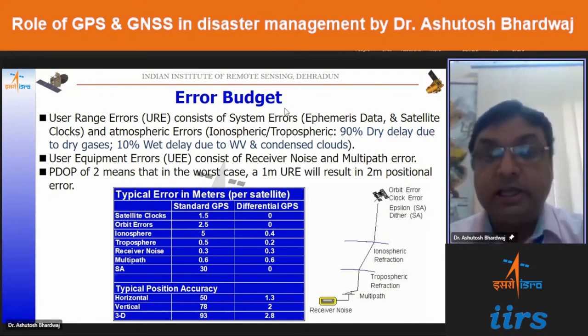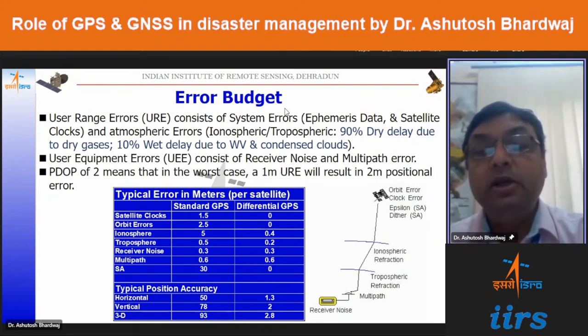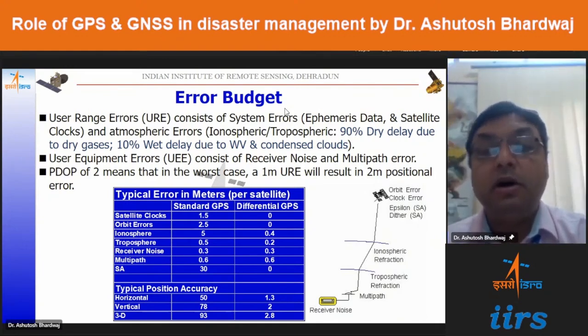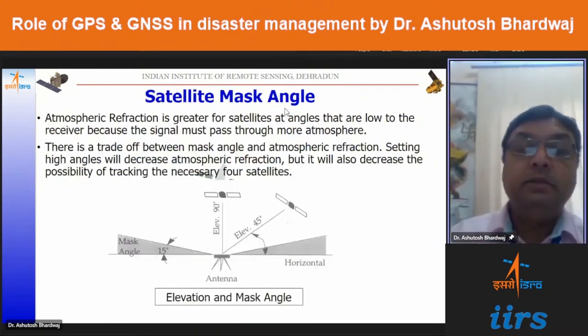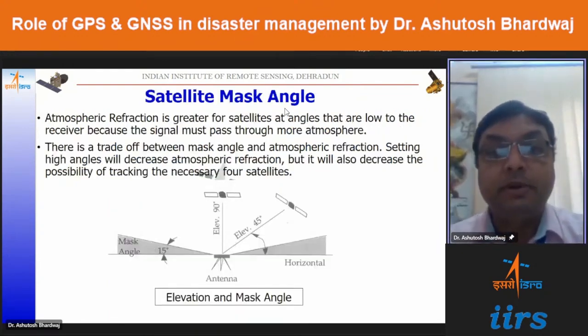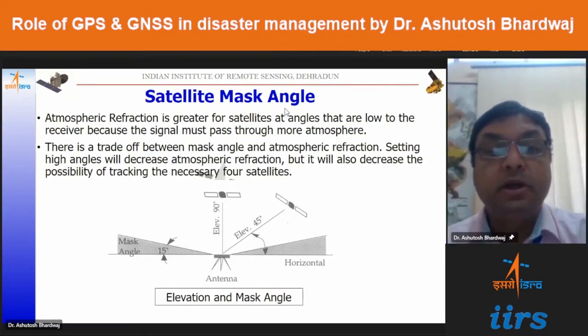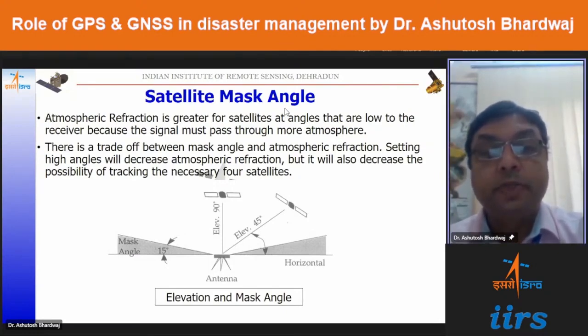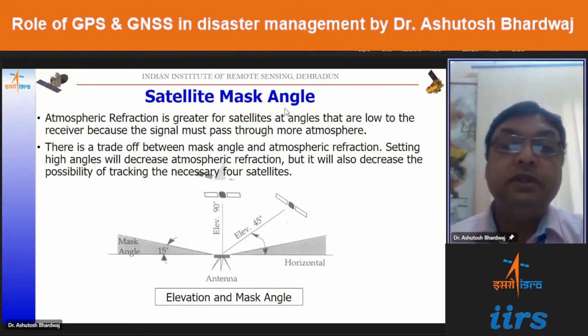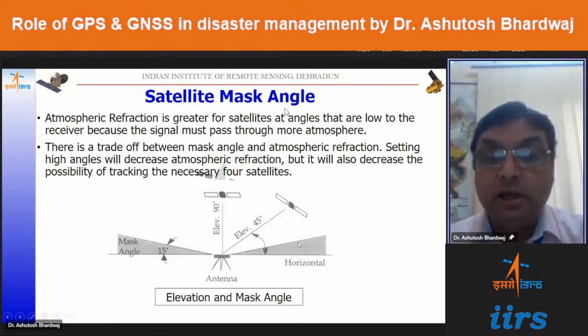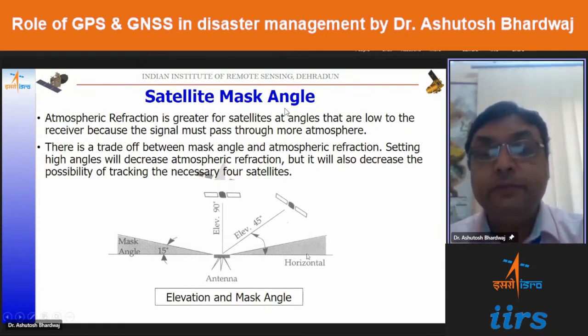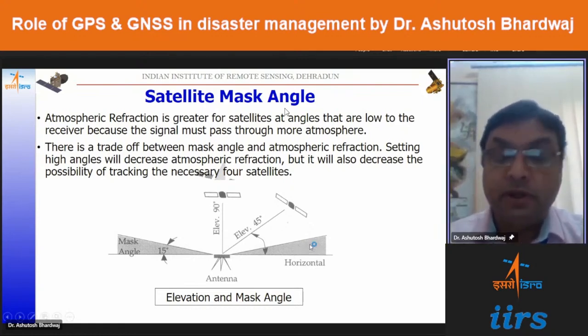So these type of accuracies can be taken advantage of while using the DGPS. And there are other methods also which have come up, like the precise point positioning and other systems. Normally, we use a mask angle so that the signals coming from the lower angles can be removed from the computation so that we can get a higher accuracy.